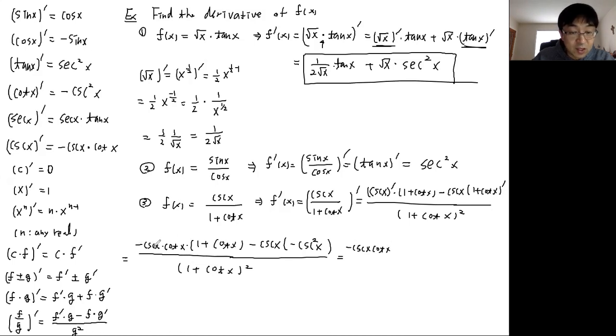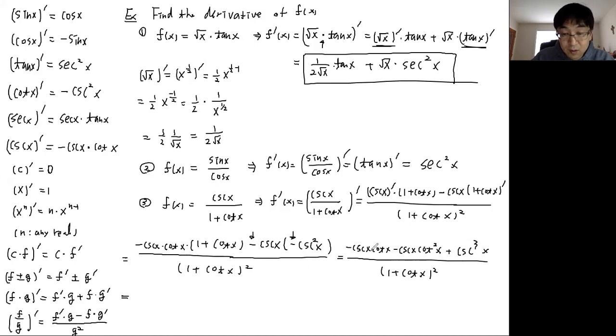The negative cosecant, cotangent times positive cotangent is negative cosecant x, cotangent squared of x. The next, negative 1 times negative 1 changes to positive. The cosecant x times cosecant squared of x is cosecant cubed x, over 1 plus cotangent x squared.